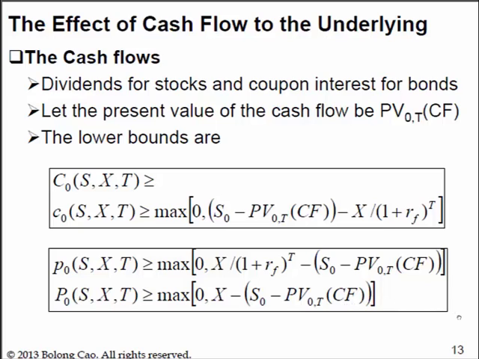So that's saying if you have cash flow to the underlying from time 0 to the time of expiration for the options, you have to deduct the present value of those cash flows from the underlying price when you're considering the lower bound.